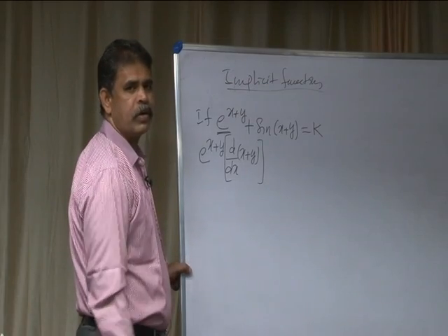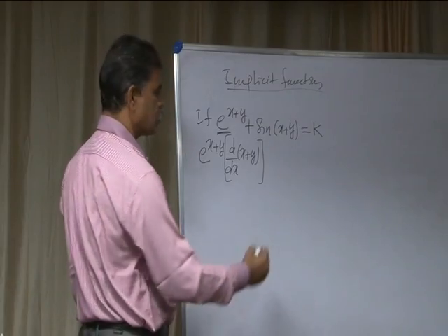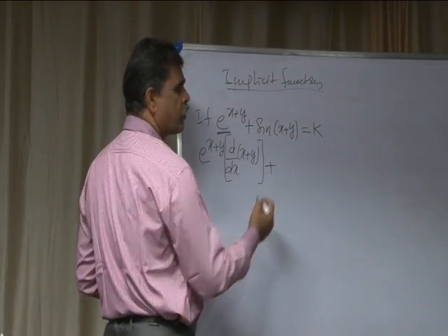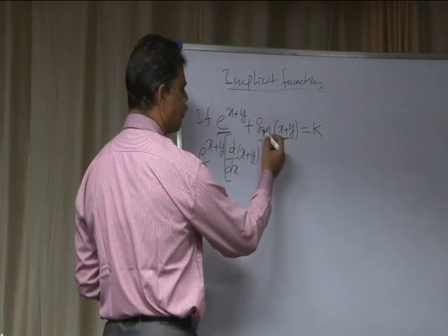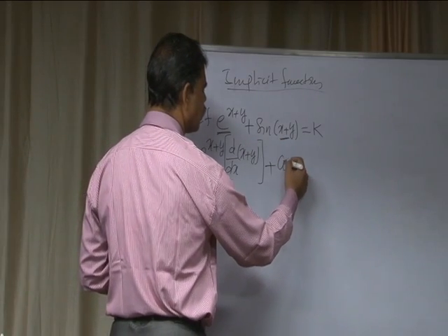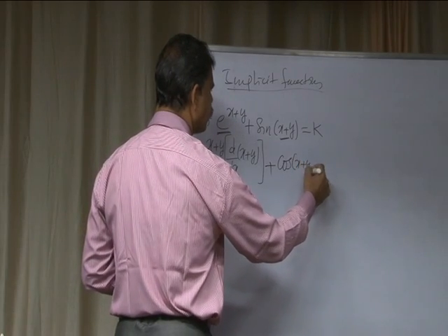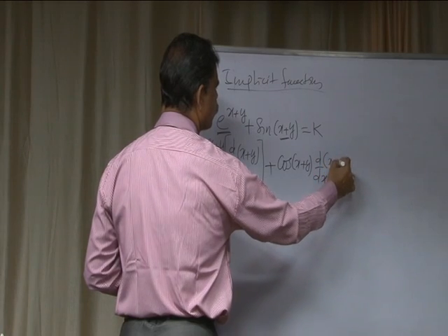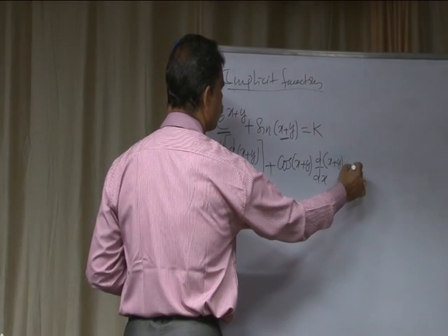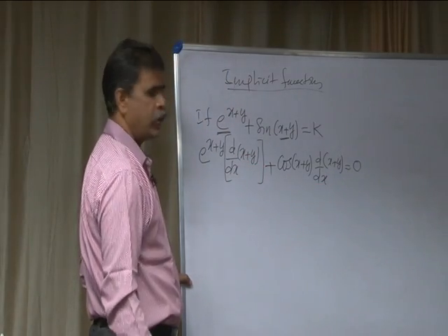E to the power of function derivative is e to the power of function into differentiation of function, plus differentiation of sine of function. Here the function is again x plus y. Differentiation of sine of function is cos of function into d by dx of function, which is x plus y. The right side is a constant, and differentiation of a constant is 0, right?